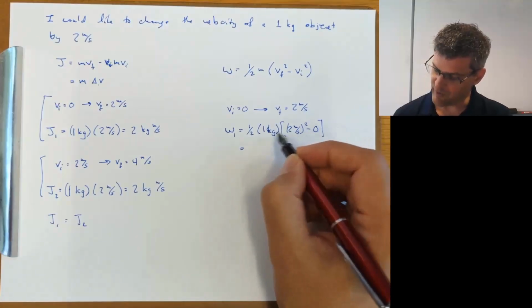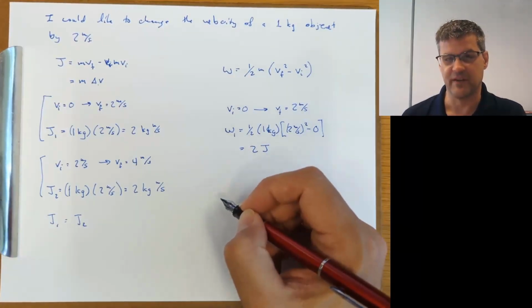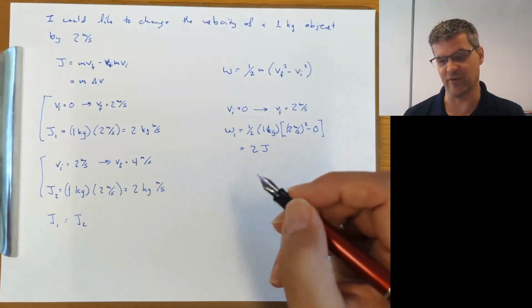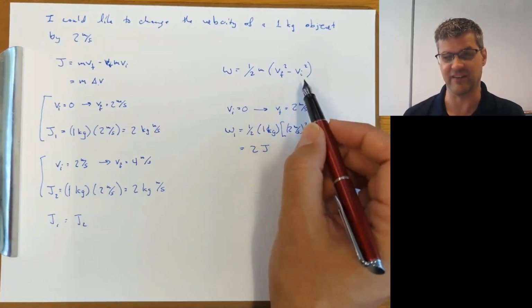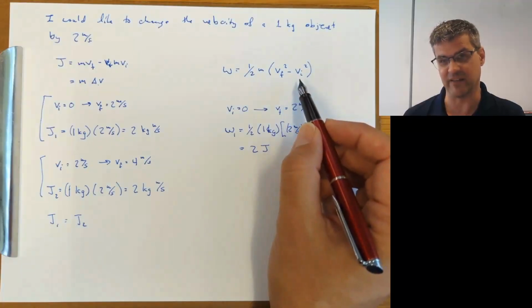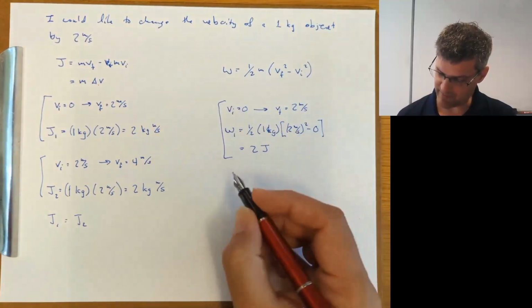And this is 4 divided by 2. This was 2 joules. It took me 2 joules of work to change the velocity by 2 meters per second, going from 0 to 2. So this was one setup.